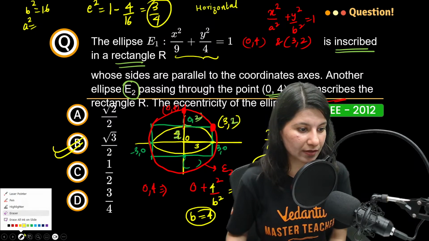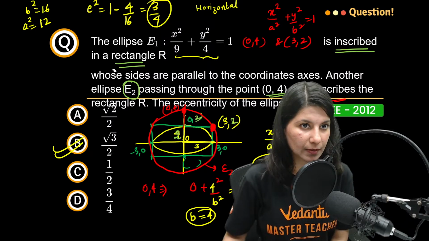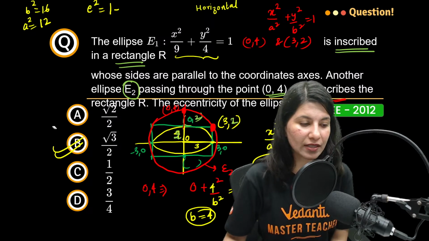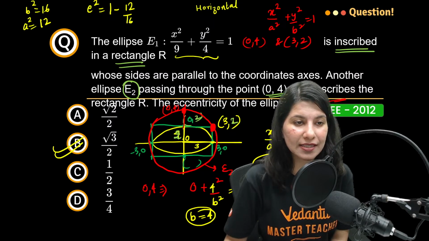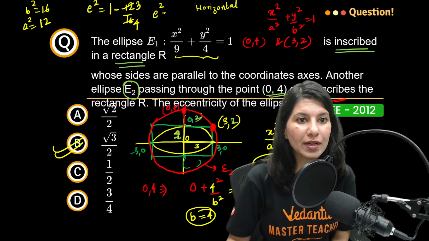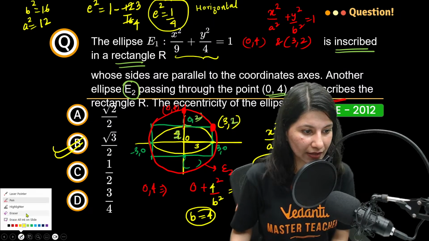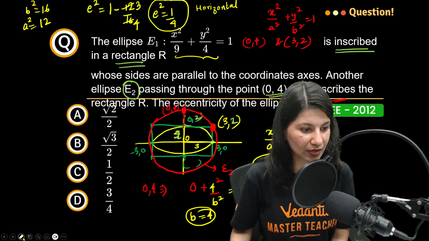A square is 12. Yes, now it's fine. 1 minus 12 by 16, right? 4 3s are 12, 4 4s are 16. E square is 1 by 4. E is 1 by 2 then, right? Yes, E is 1 by 2.